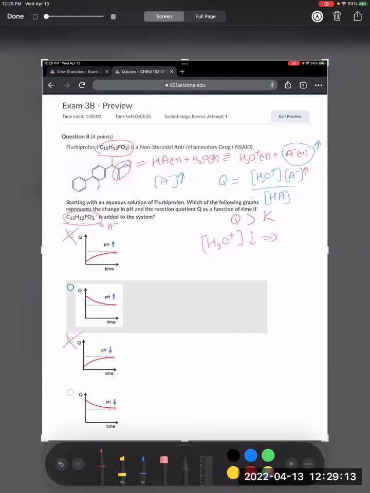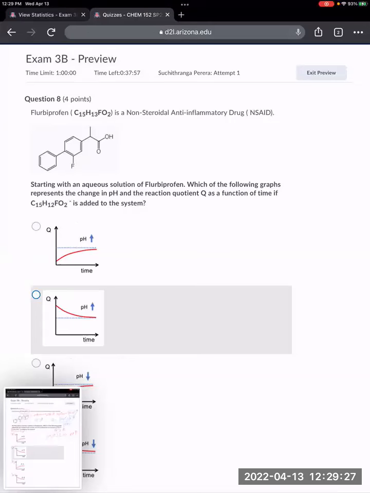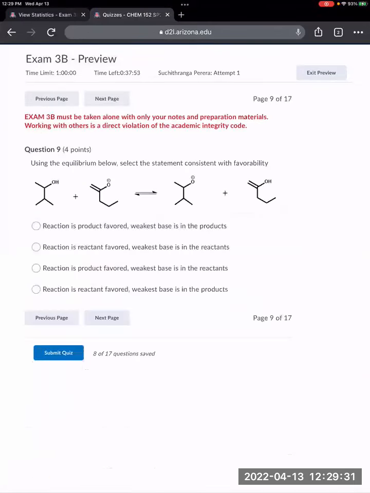When the H3O plus concentration decreases, pH increases. So therefore, the correct answer is option B. All right, so let's select that and move on to question 9.